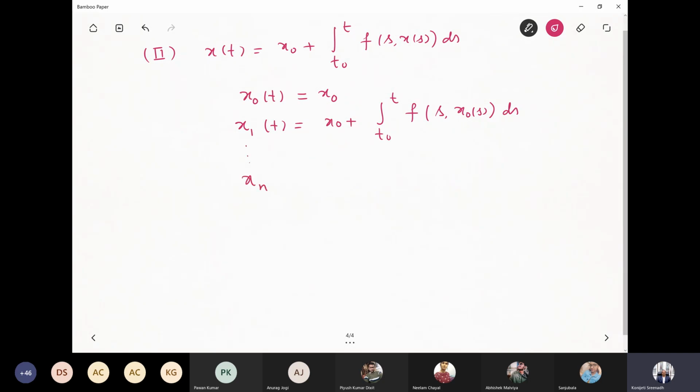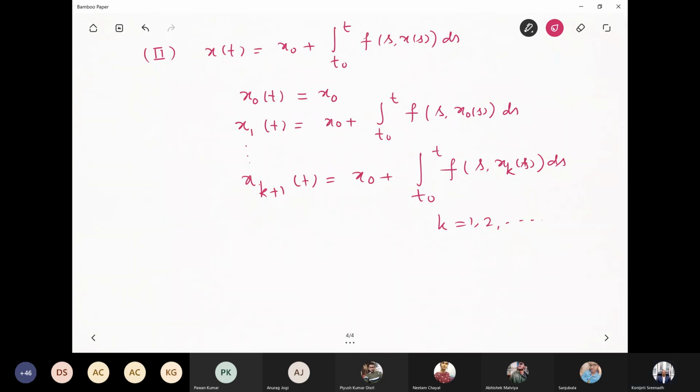That is, x(k+1)(t) is equal to x naught plus the integral from t naught to t of f(s, xk(s)) ds. We do this for k equals 1, 2, and so on.